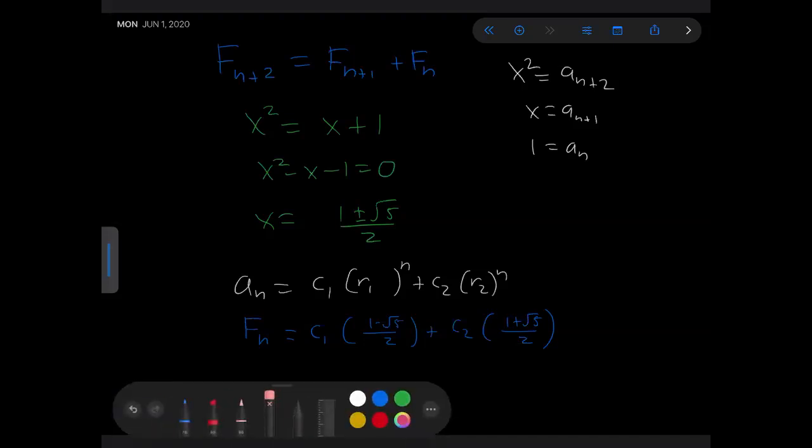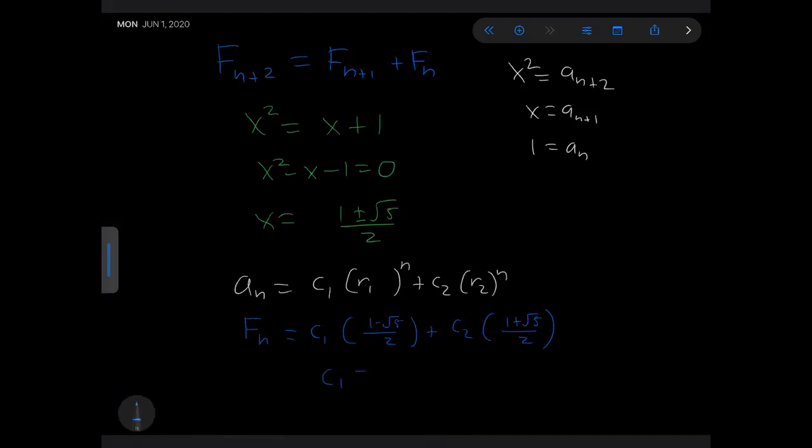I'm pretty sure we get that C1 is equal to negative 1 over root 5, and C2 is equal to 1 over root 5.